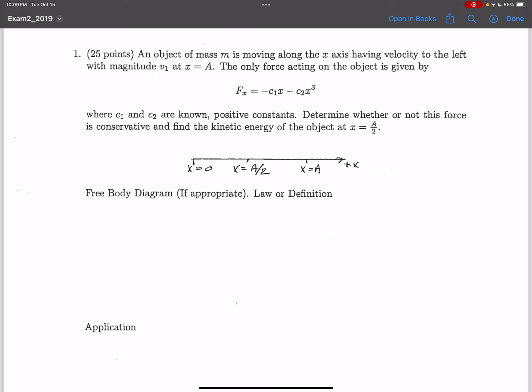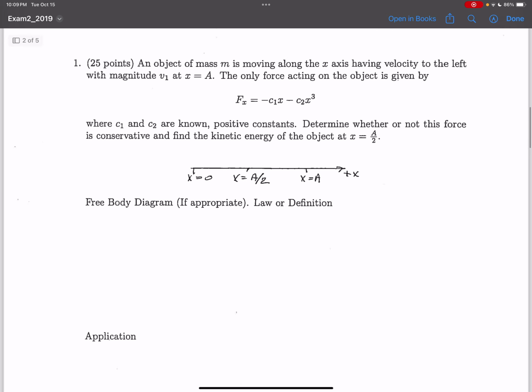The law we're most likely going to use for this question, if I remember correctly, is the potential energy law. Conservative forces have potential energy functions. Non-conservative forces don't.